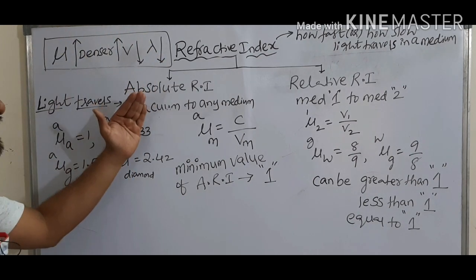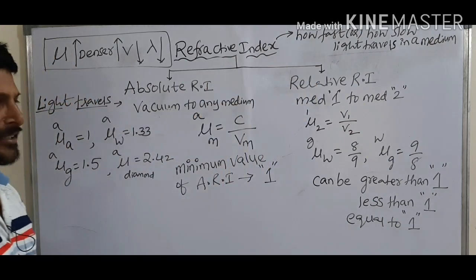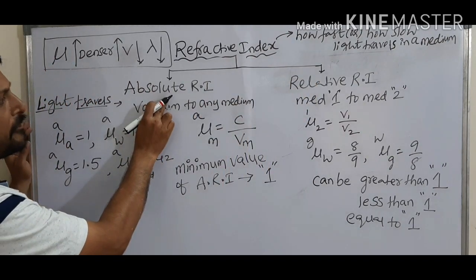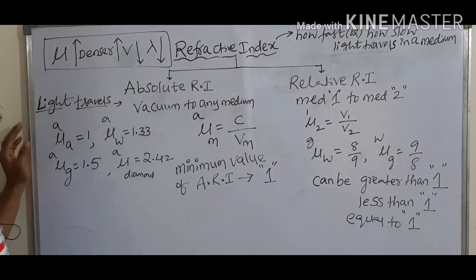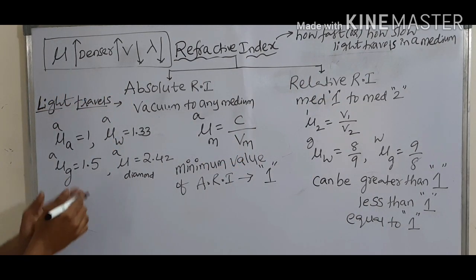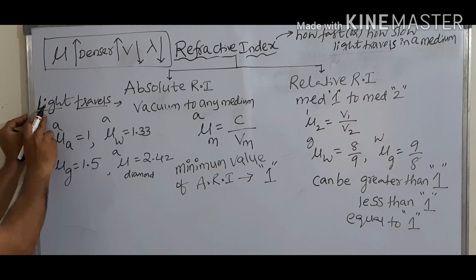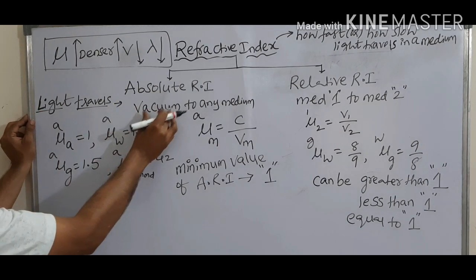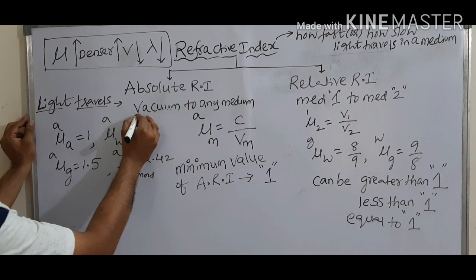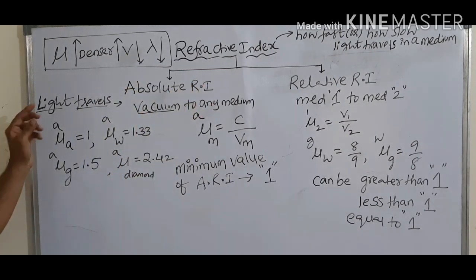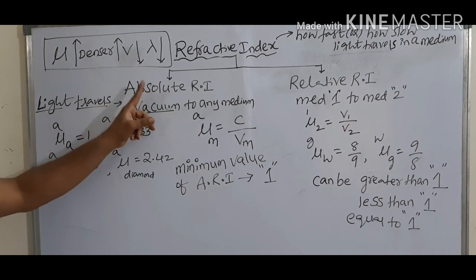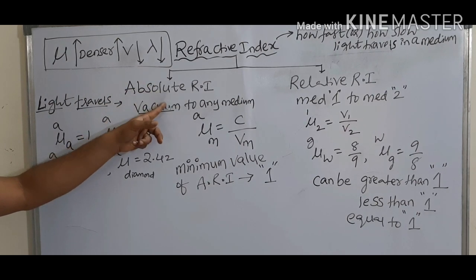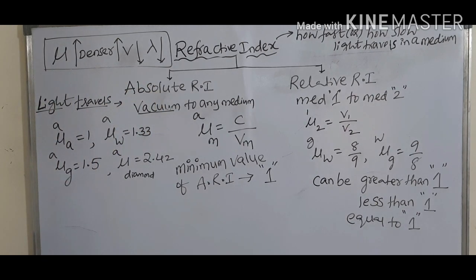Next, we discussed two types of refractive indices: absolute refractive index and relative refractive index. Absolute refractive index means when light travels from vacuum, or air, to any medium; the refractive index of that medium is called absolute refractive index.